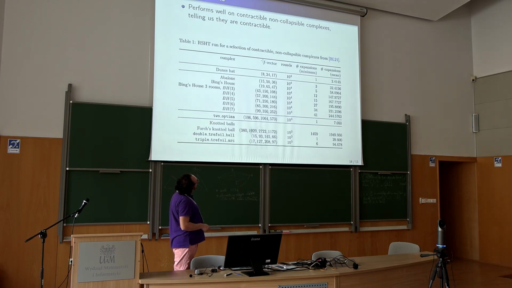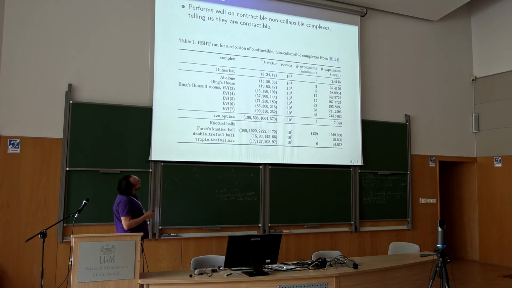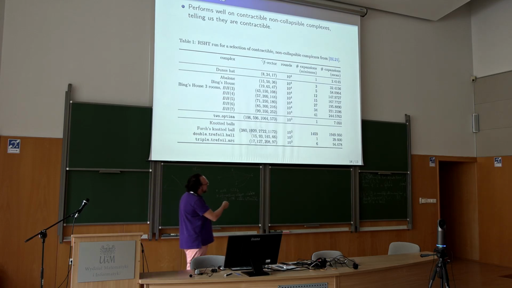All of these examples are not collapsible. So for none of these examples am I able, using discrete Morse theory, to convince you that it's contractible. But with this number of expansions found practically, ignoring completely cleverness and so on, just run it and you get 95 anti-collapses. This is good.